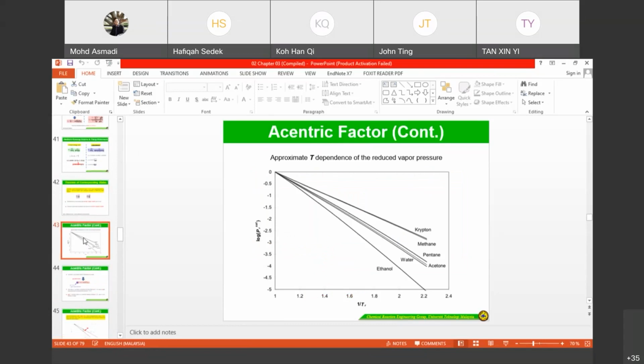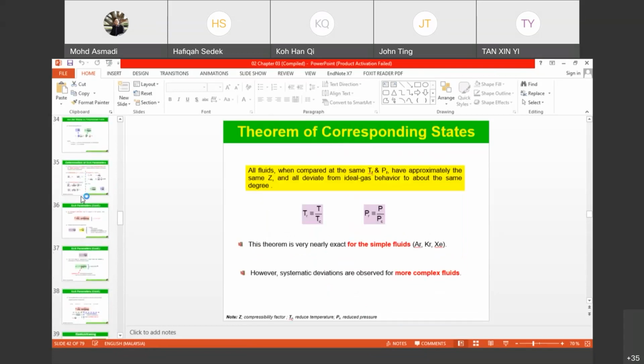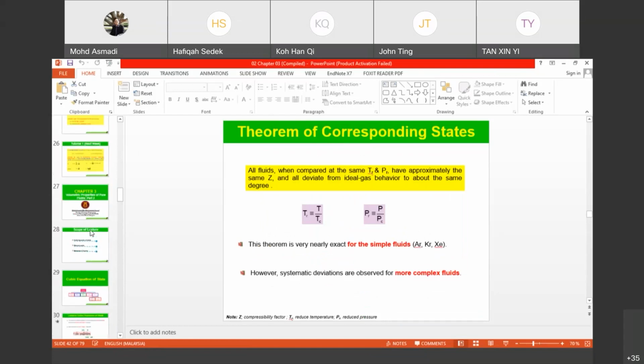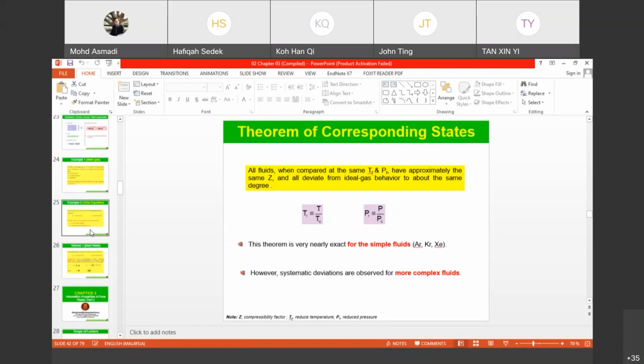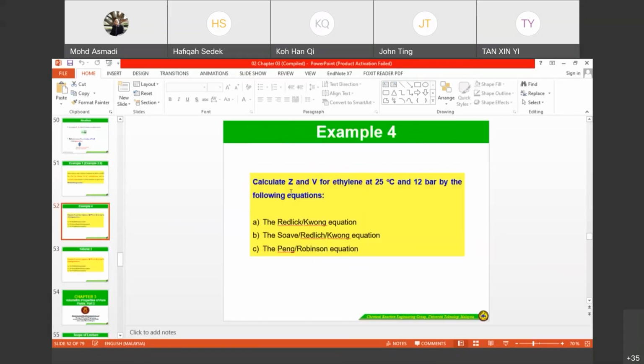They deviate from the line of argon, krypton, and xenon; they deviate significantly. So we cannot use Redlich-Kwong actually. If you look here, the component of the gas is ethylene. So if you want a more accurate answer, you have to calculate by Soave-Redlich-Kwong as well as Peng-Robinson.